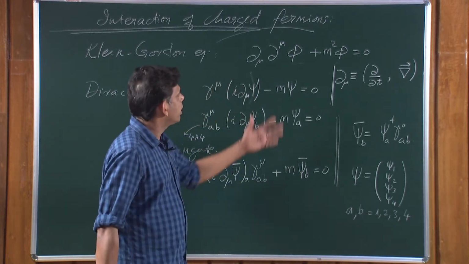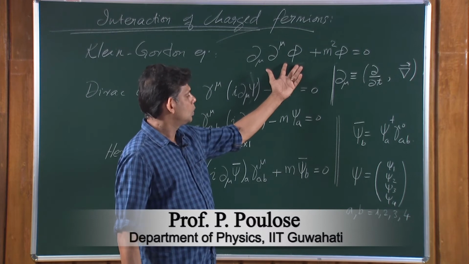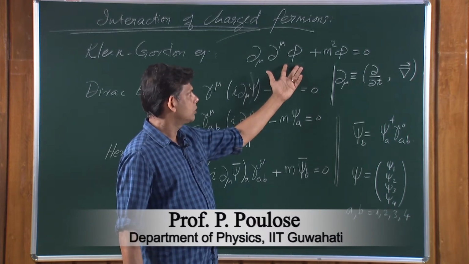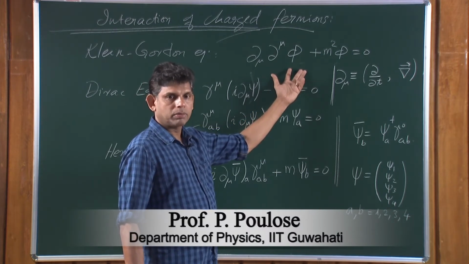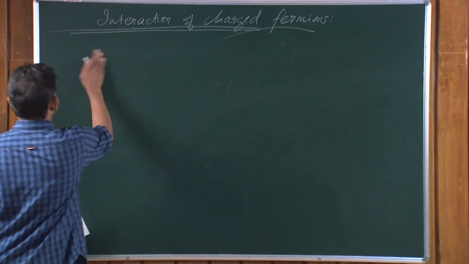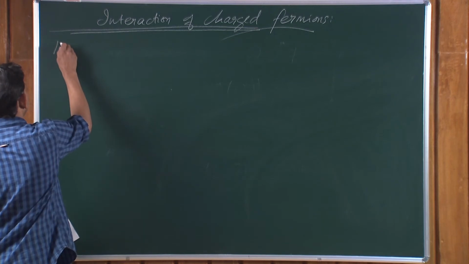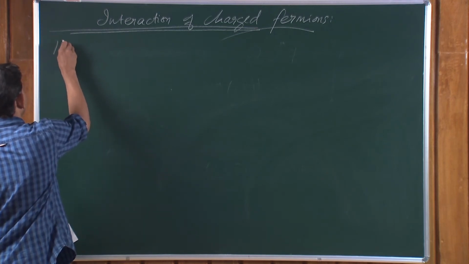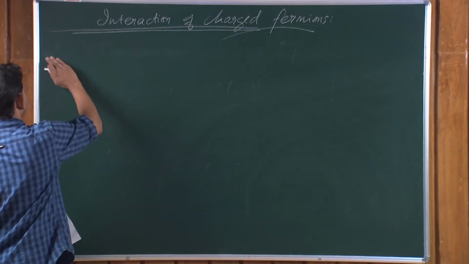Whereas phi is just 2 degrees of freedom here, it is a complex number, one real part and one imaginary part. So, let me consider the KG equation, or the scalar particle.